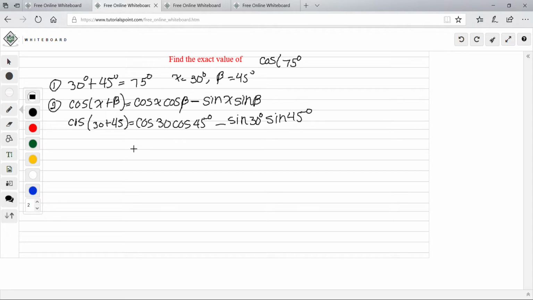Cosine of 30 is root 3 over 2. Cosine of 45 is root 2 over 2, so times root 2 over 2, minus, I'm going to put brackets, sine of 30 is 1/2, and then sine of 45 is root 2 over 2.